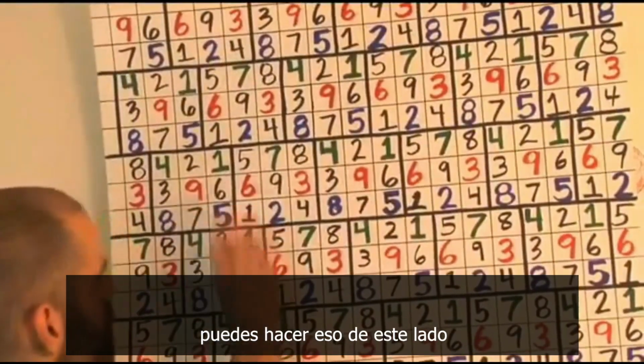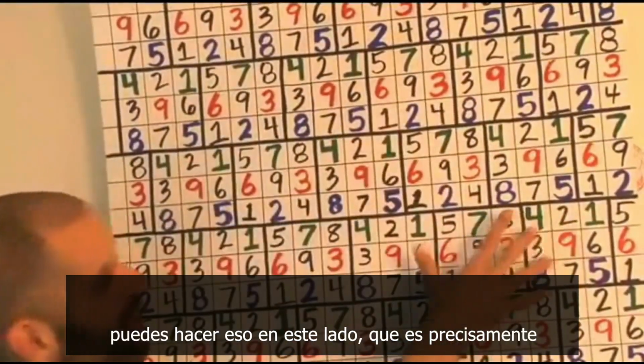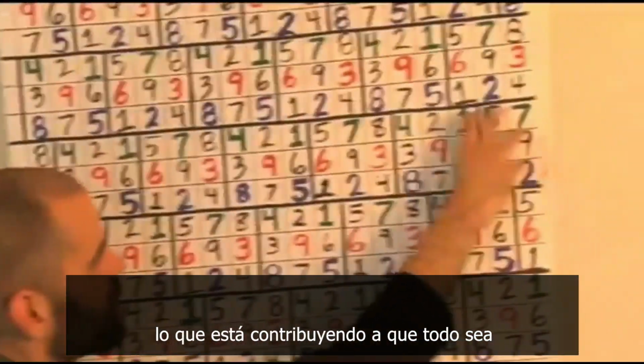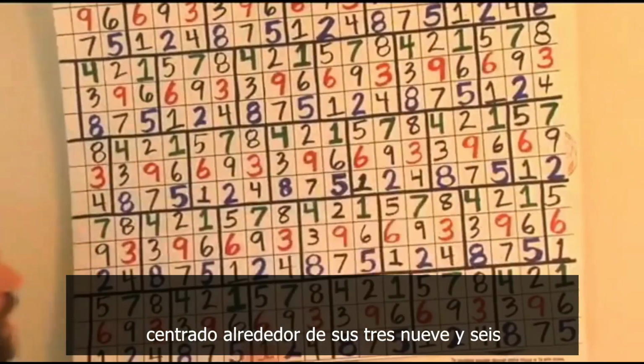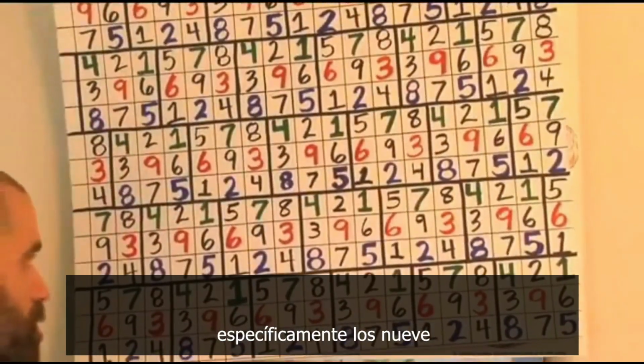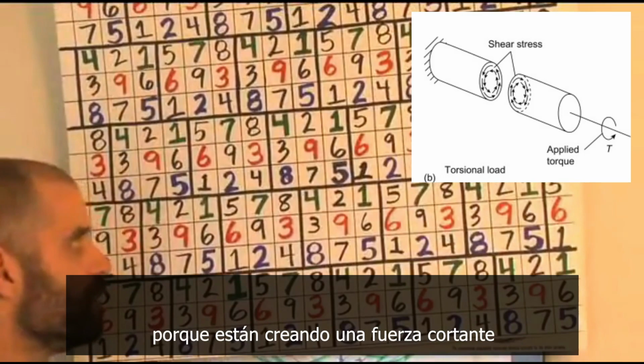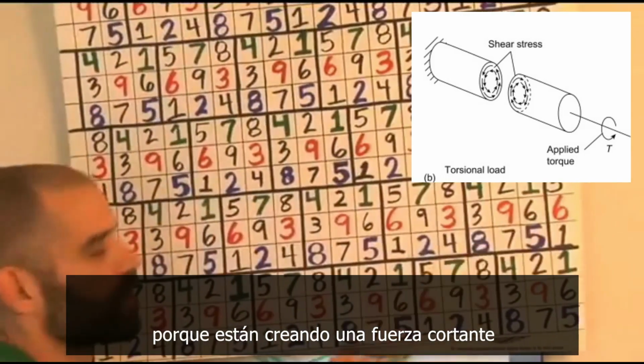On and on. You can do that on this side, you can do that on this side. That is precisely what is contributing to everything being in these groups centered around your 3, 9, and 6, specifically the 9. Because they're creating a shear, what's called a shear.